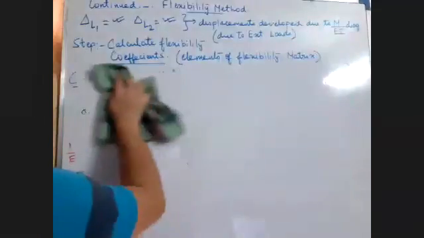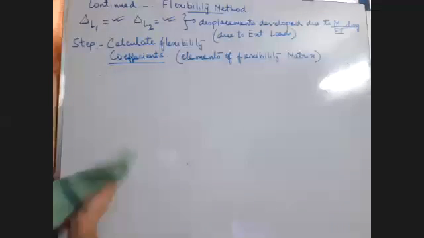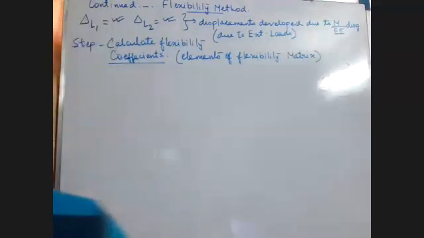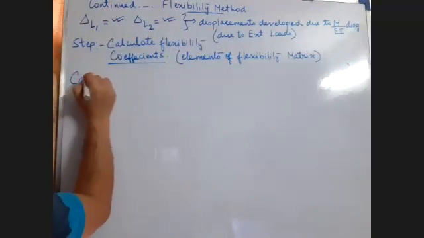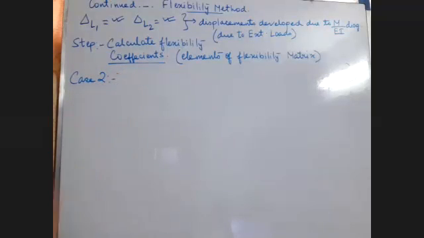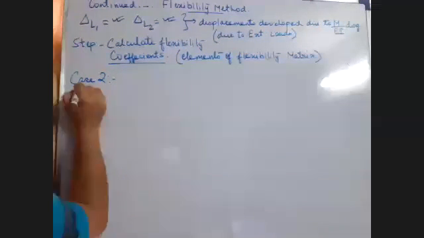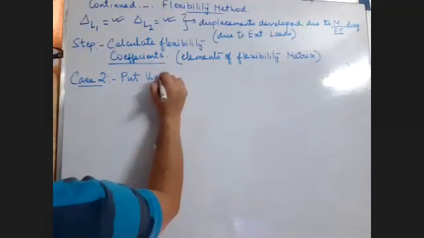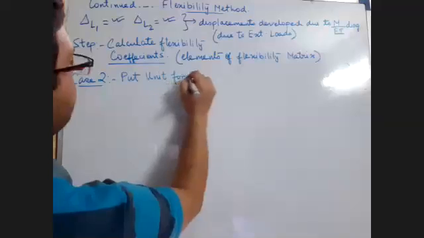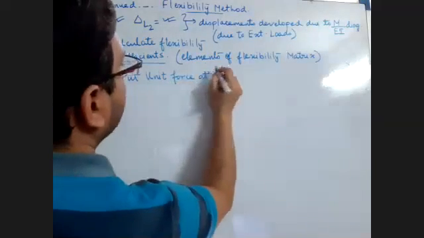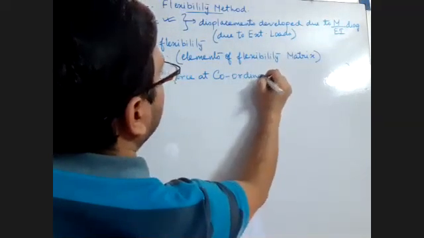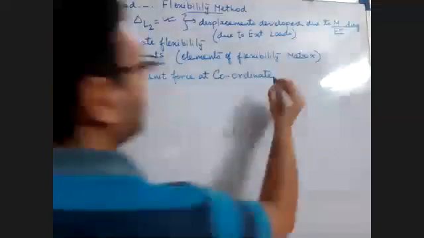See, very interesting. In case 2, you will see what we are doing. You will write in the exam copy also in this fashion, properly. In case 2, we are putting a unit force at coordinate 2.